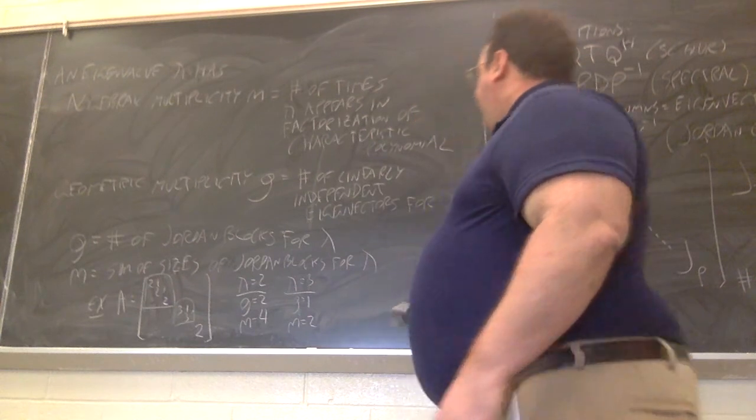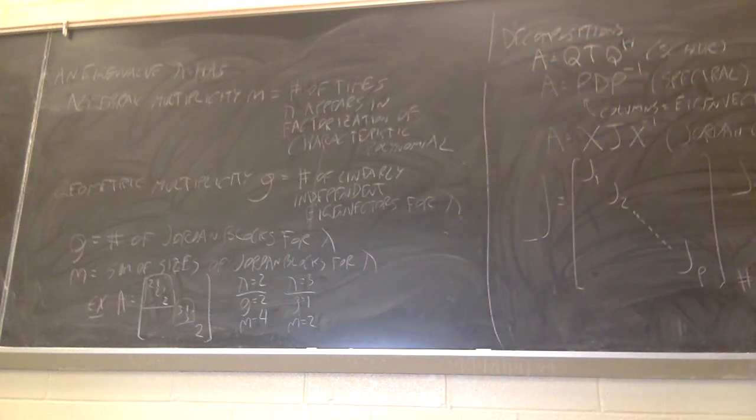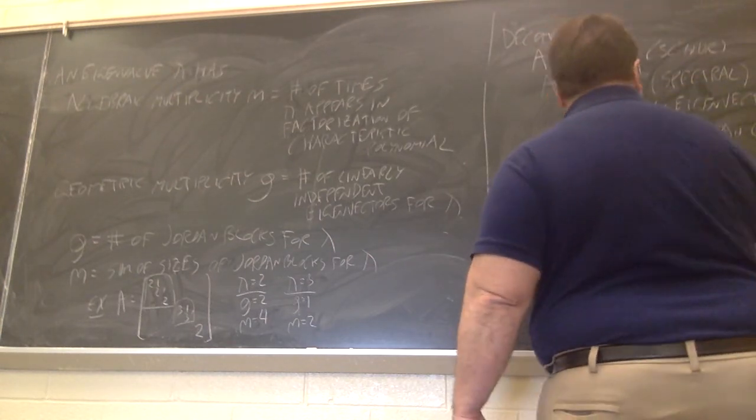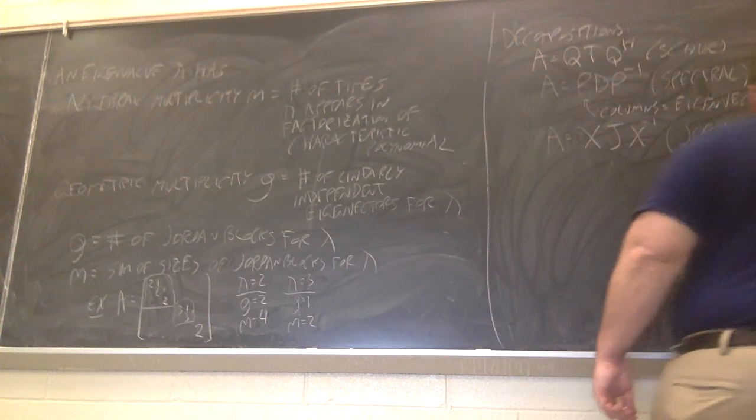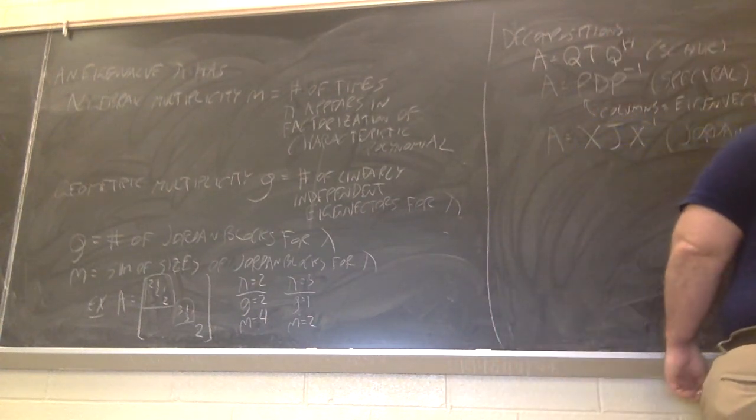So now that we have these 3 decompositions, I want to talk about what we do from a computational standpoint, since we're trying to compute eigenvalues and eigenvectors in the first place.